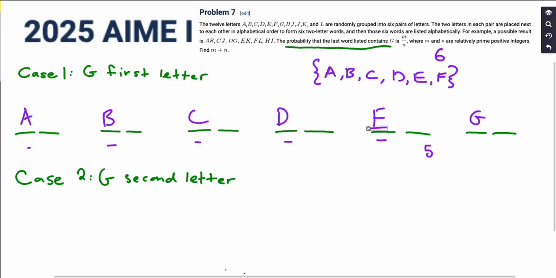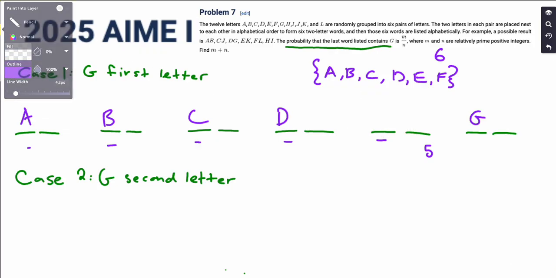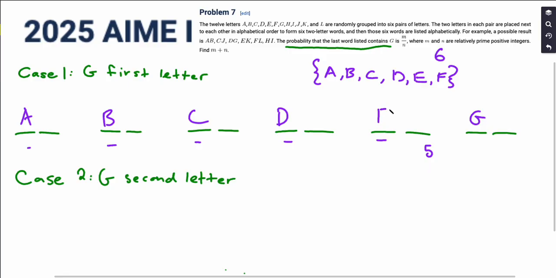Now consider if we are to leave E out from being the first letter of the first 5 words. If we leave E out, E can't go in either this spot or this spot. It won't work. So E has to go after D, C, B, or A, giving it 4 choices.